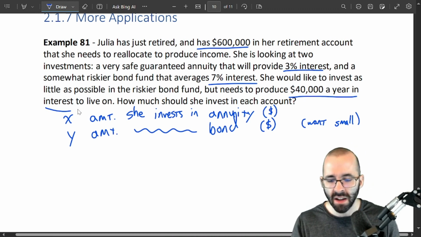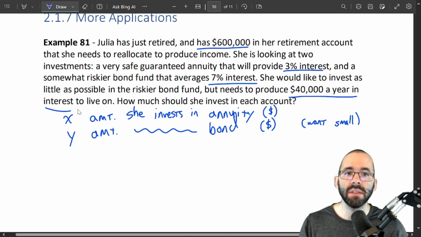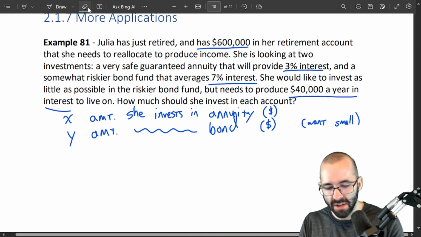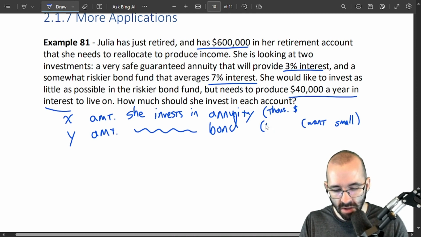All right. I'm going to change my variables because I don't like zeros. You don't have to do this, but I'm going to do this. I'm going to have this be in thousands of dollars. You don't have to do this. You can just have it be directly dollars if you want.